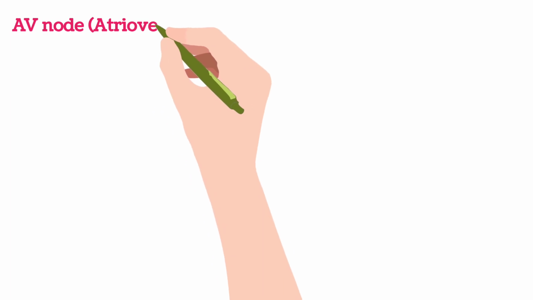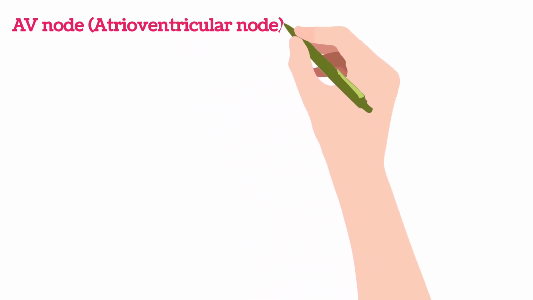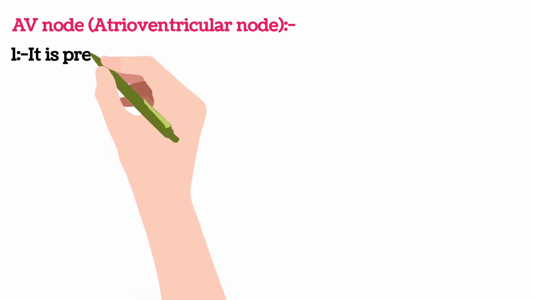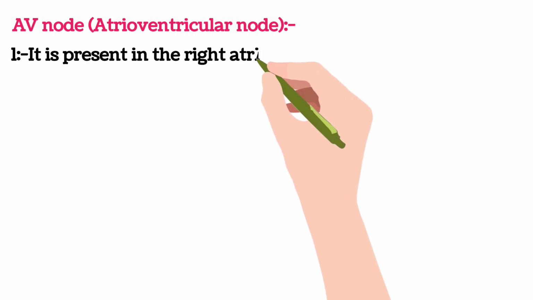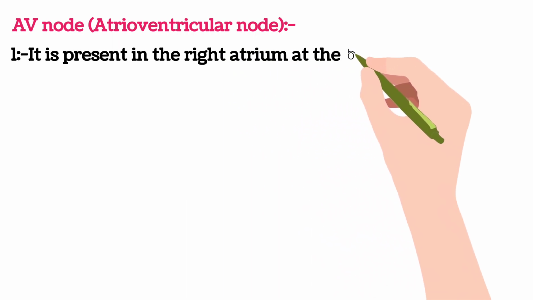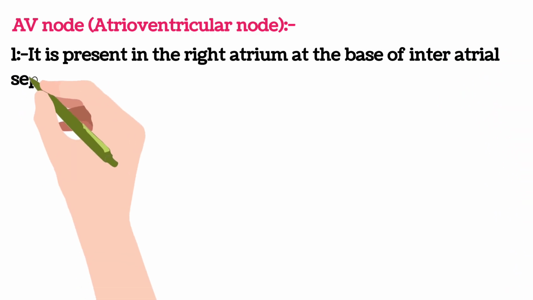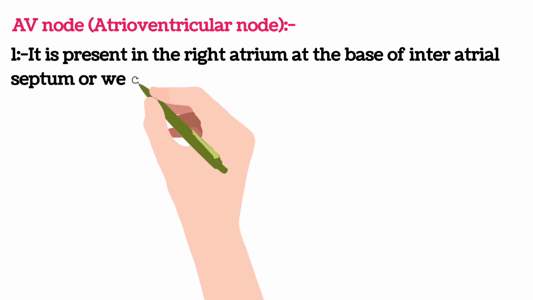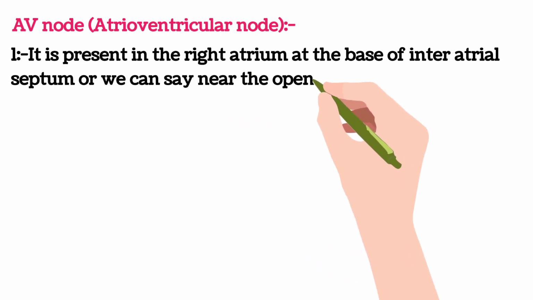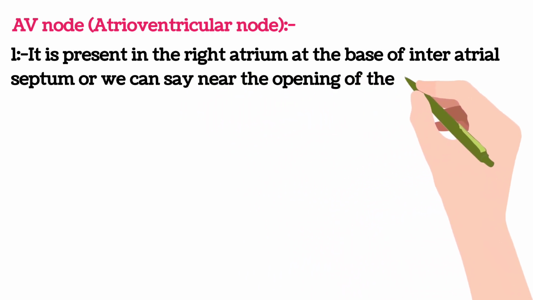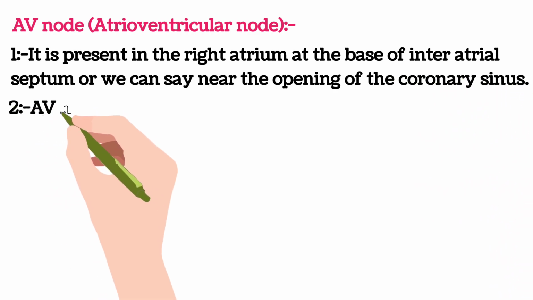The atrioventricular node is present in the right atrium at the base of the interatrial septum, or we can say near the opening of the coronary sinus. That is the first difference.